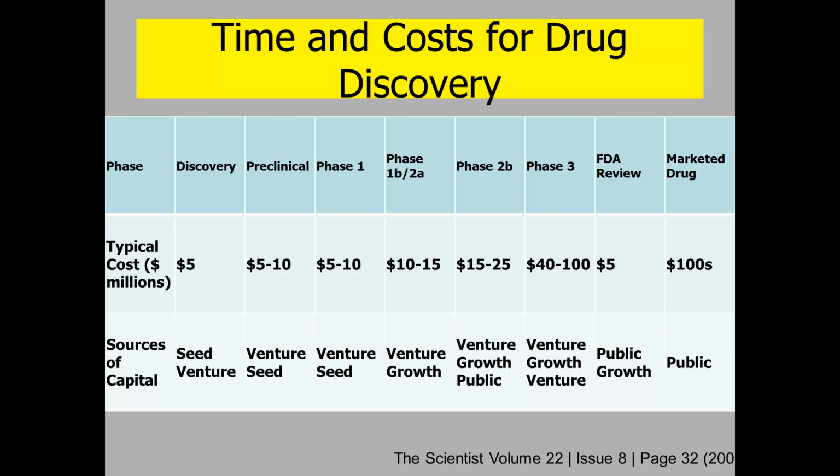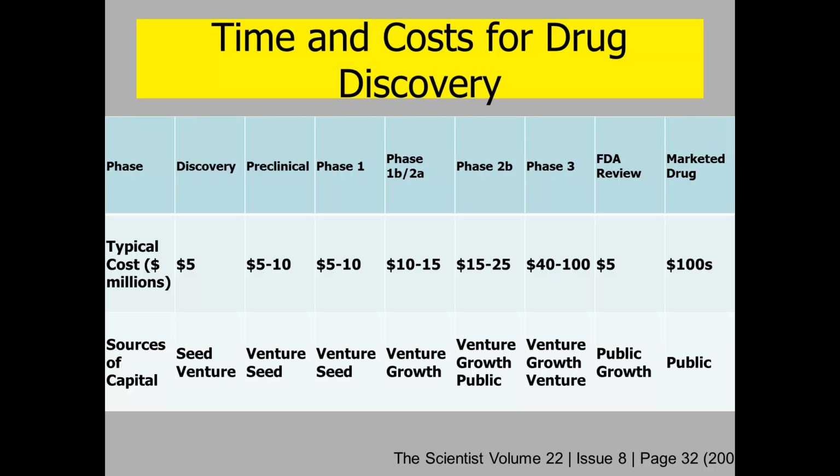And then phase 1 trials, you might still be able to do with venture capital. When you start scaling up, you're going to need growth funds to fund your work. And when you're starting to enter phase 2B and phase 3, that's when you potentially need public investment.